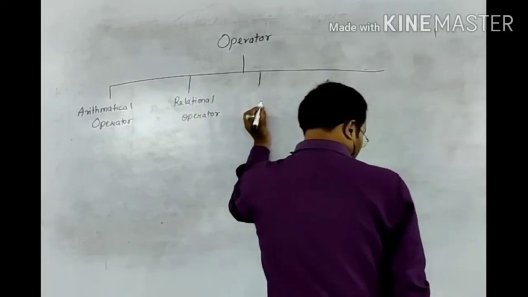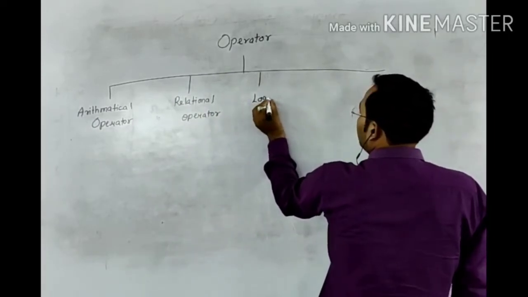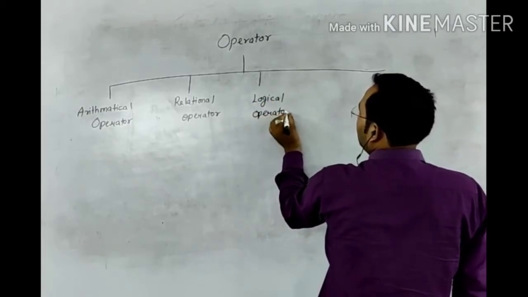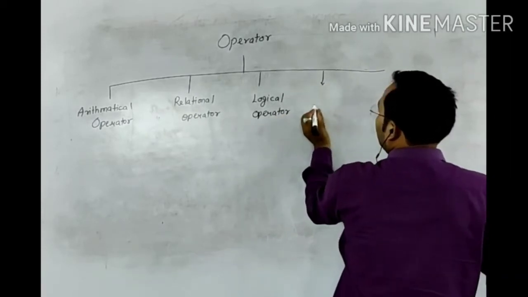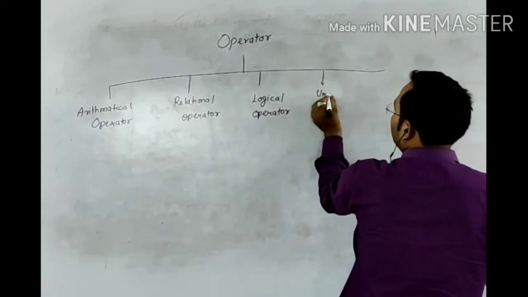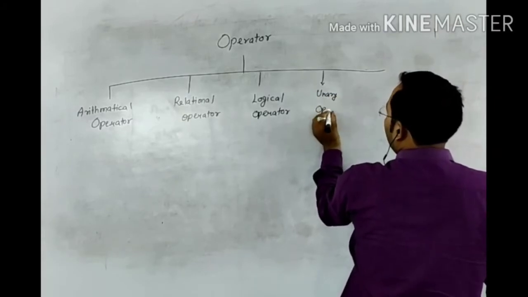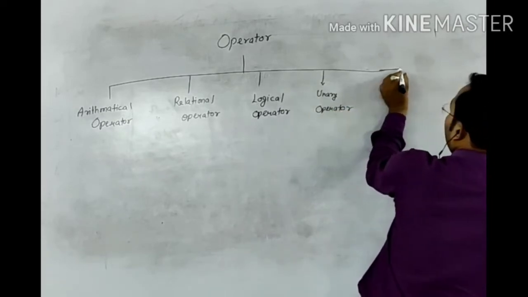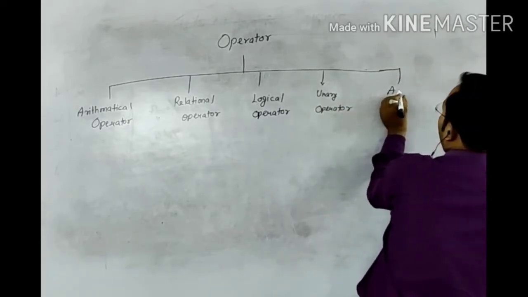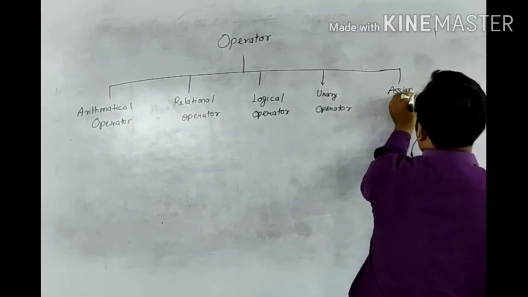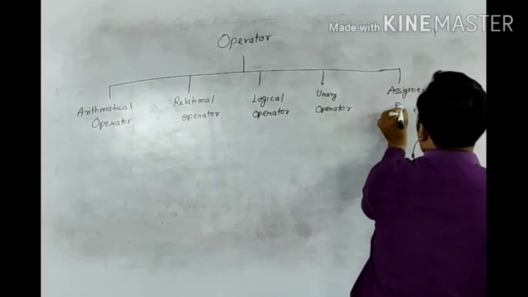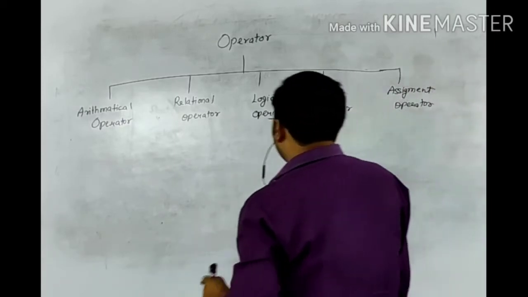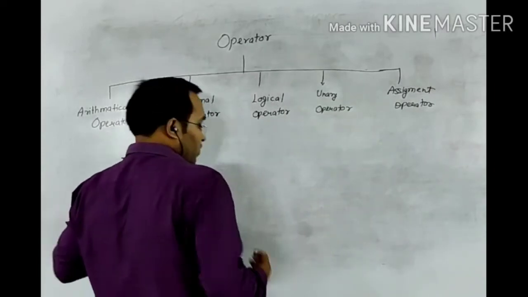Third one, logical operator. Fourth one, unary operator. And the last one is assignment operator. So these are the following operators. Now one by one I will explain.